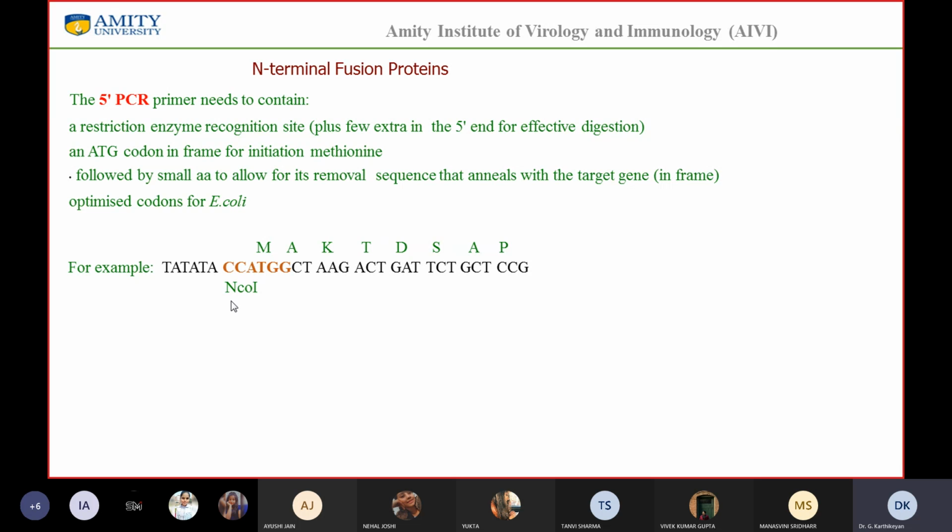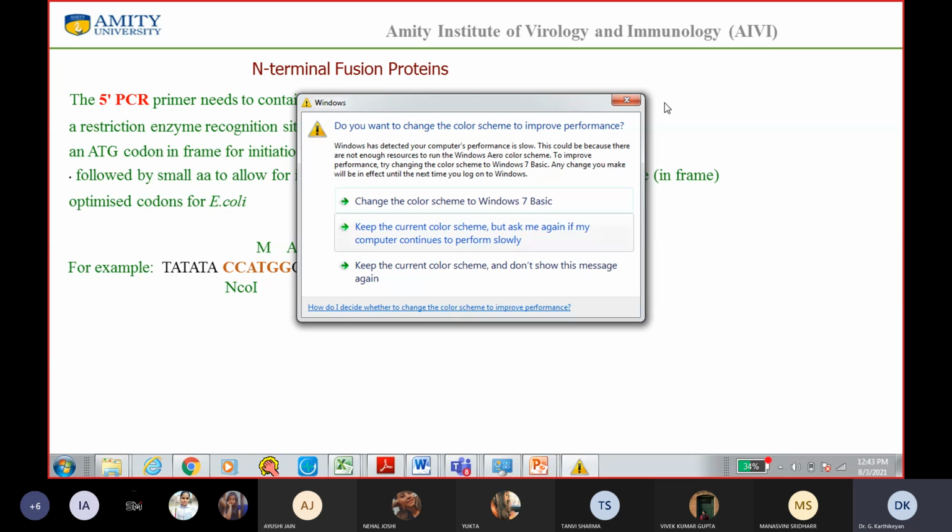For example, in the pET vector there is an NcoI site. Okay, NcoI is CCATGG. This is the recognition site for NcoI. So when you design your 5' primer, you need to make sure that the beginning of your gene has this CCATGG followed by a few other sequences. Okay.